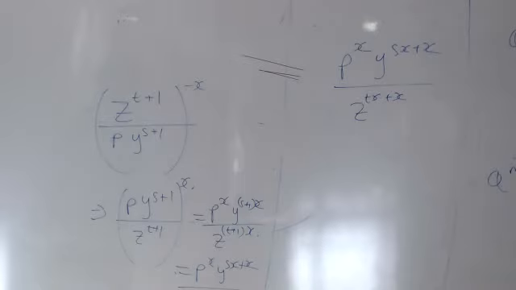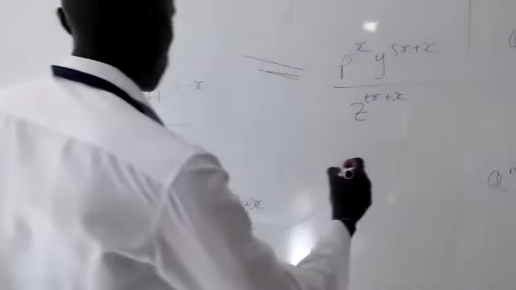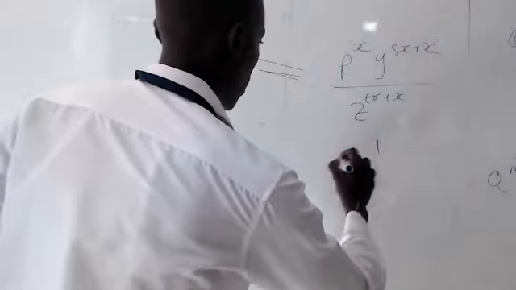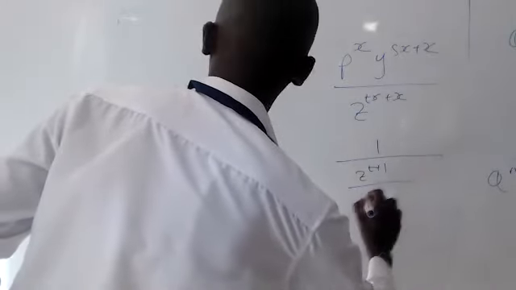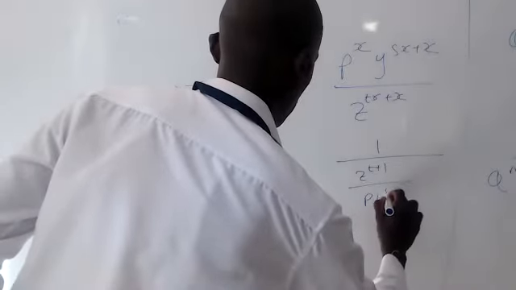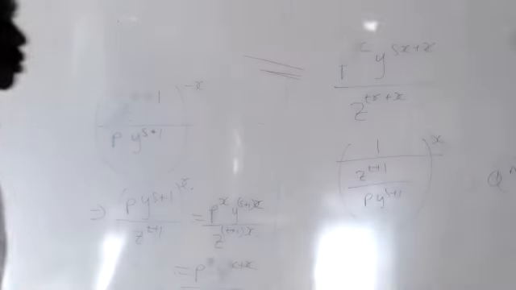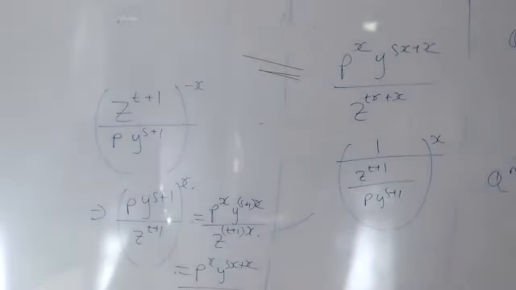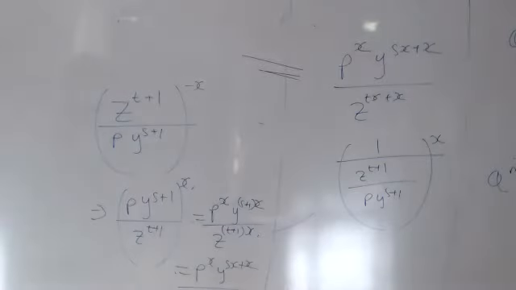Like now I wrote 1 over z to the power of t plus 1. So I'm just wondering if that's still okay. You're saying that we write 1 over z to the t plus 1 divided by p y to the s plus 1 raised to x. Is that what you're referring to? Yes. That's okay. The same rule applies here. That's still okay.